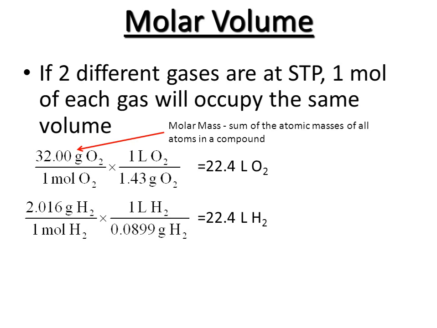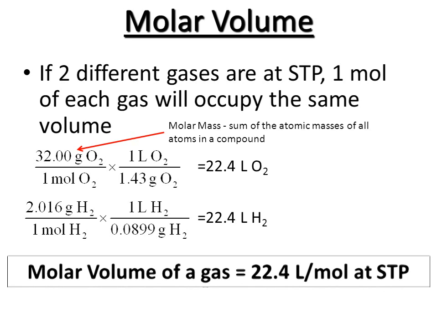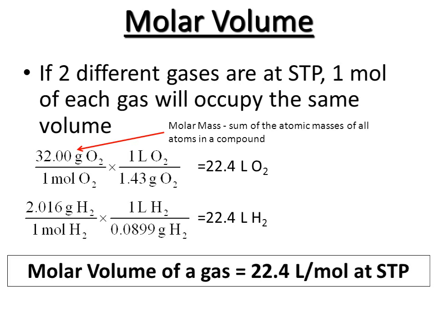And so the thing to note here is that even though we're talking about two different gases, one which is about 16 times heavier than the other one, regardless of that difference in mass, 1 mole, 6.02 times 10 to the 23rd molecules of each of these gases will occupy the same exact volume as long as we're at STP.